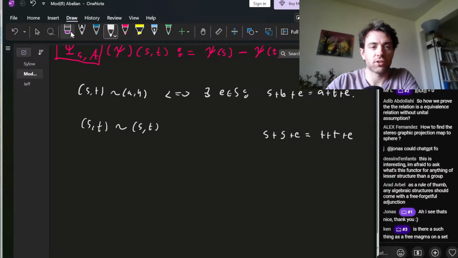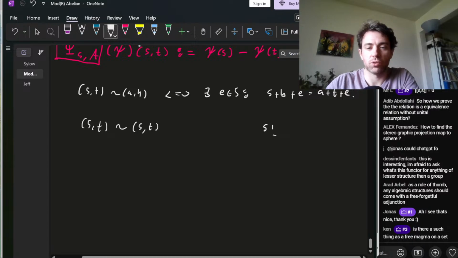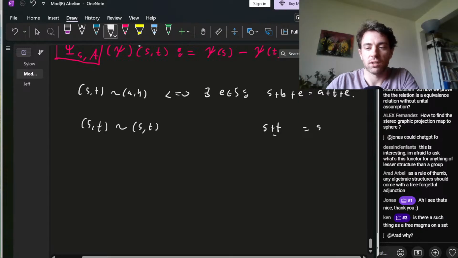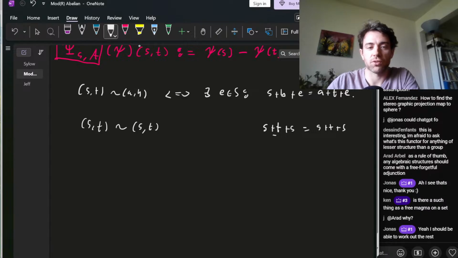No, S plus T. Okay, great. Yes. So we need to provide an E such that S plus T plus E is S plus T plus E, but literally pick anything. So I don't know, pick S. And therefore we've verified the condition. So yeah, it's reflexive.